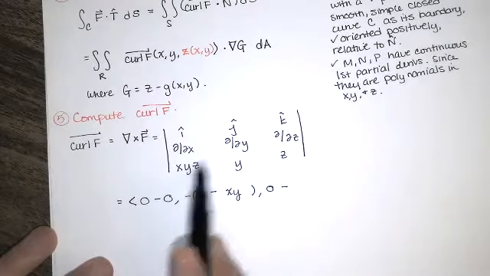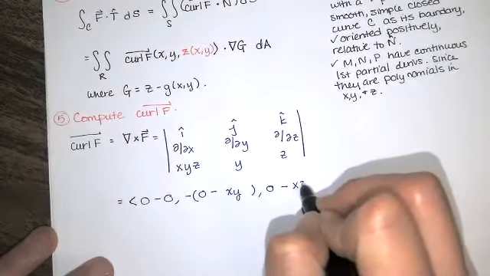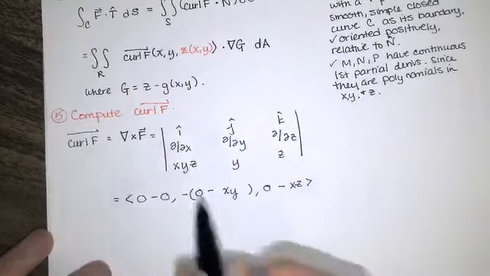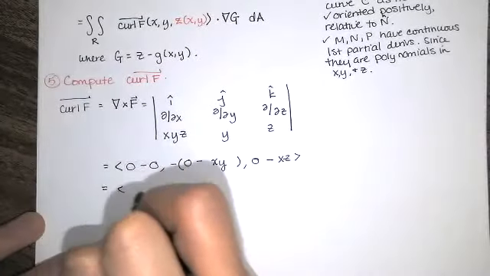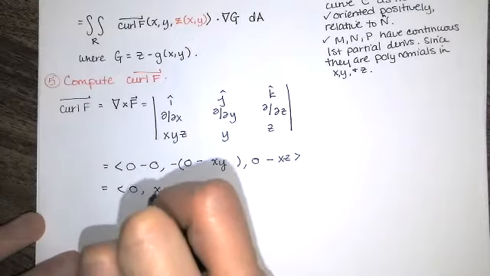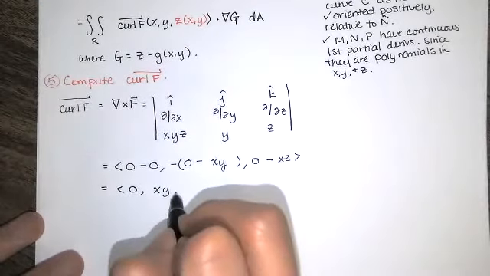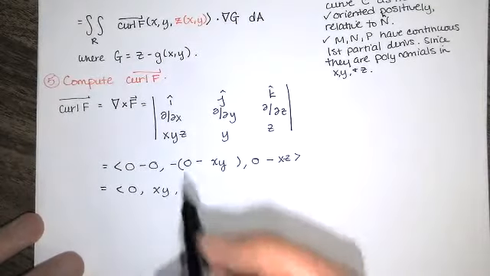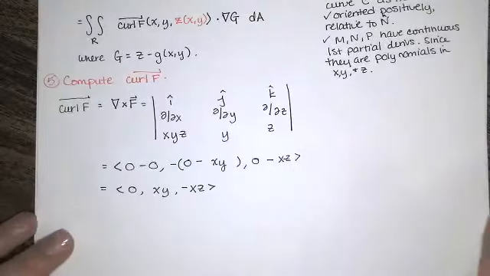It's a constant times y. The derivative of a constant times y with respect to y is that constant, which is xz. So the curl ends up being 0 times i hat plus xy times j hat minus xz times k hat.